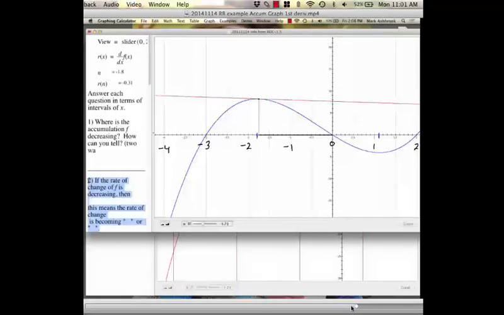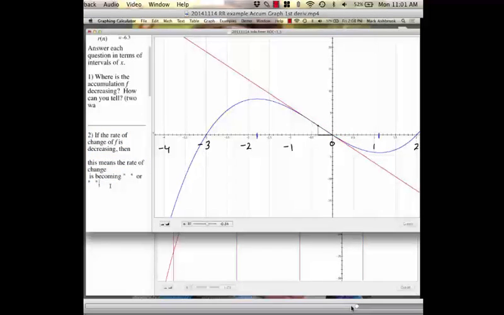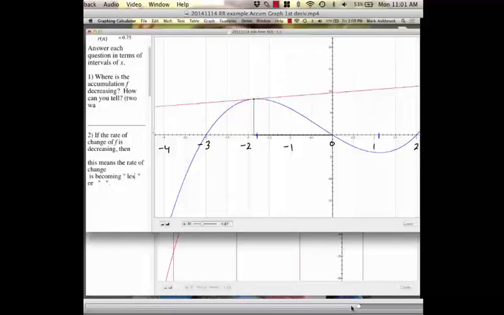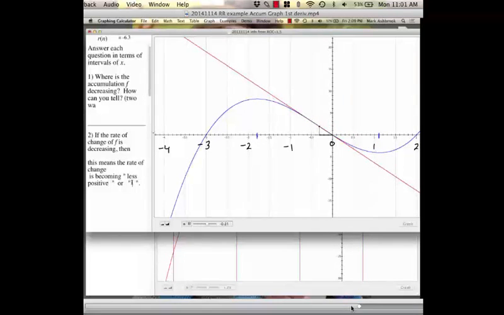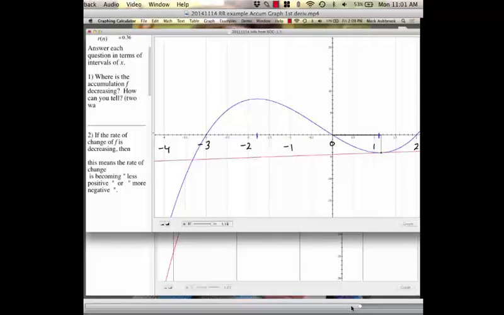If the rate of change is decreasing, it is becoming what or what? Rate of change is becoming less positive, before it starts going negative. No, it's becoming less positive.